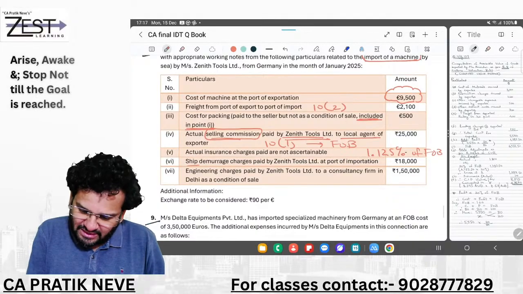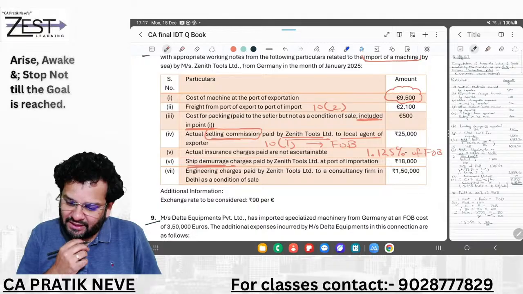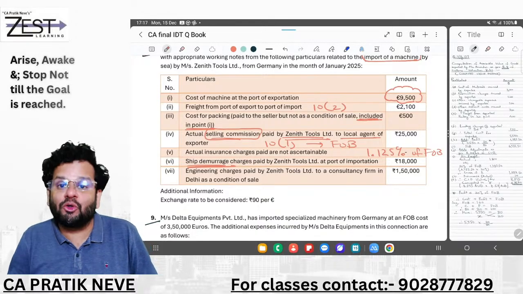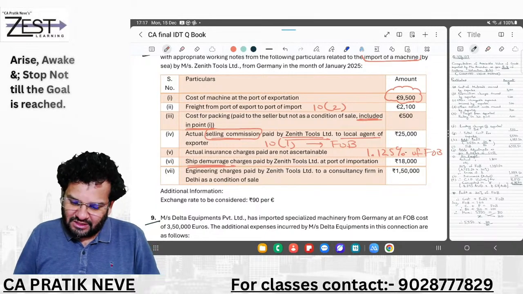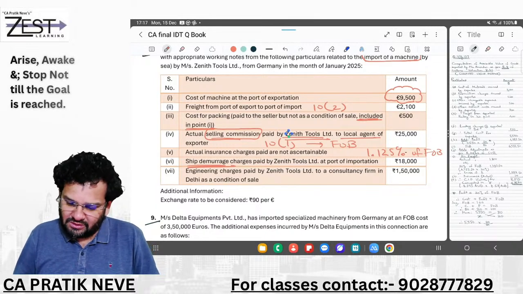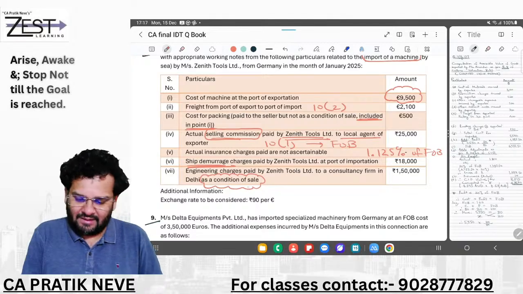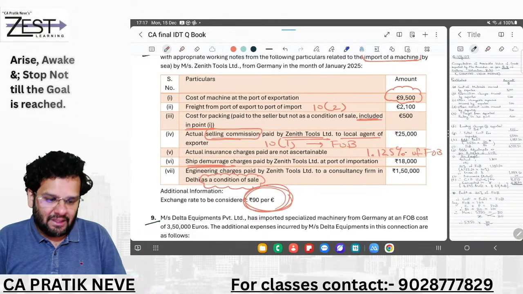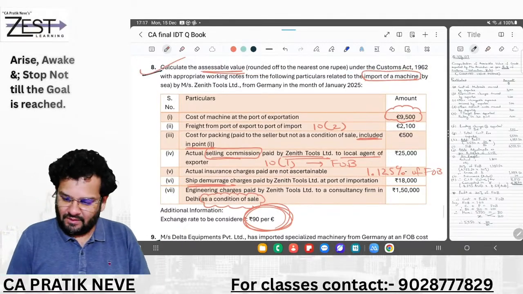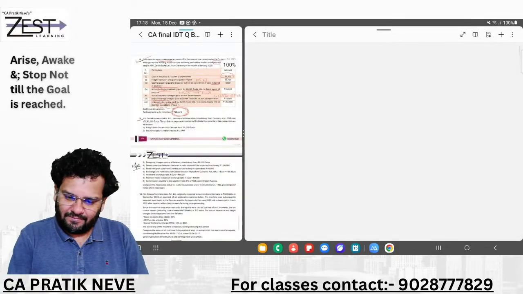Ship demurrage charges paid by Zenit Tools Limited at the port of importation, and then engineering charges paid by Zenit Tools Limited to consultancy firm in Delhi, but it is as a condition of sale. And rate of exchange is rupees 90 per euro. So really nice question. How we are going to go ahead in this?